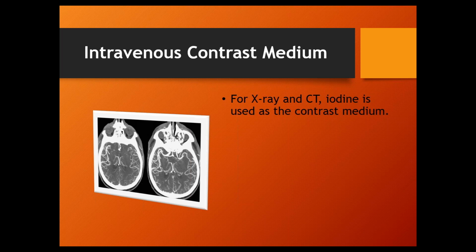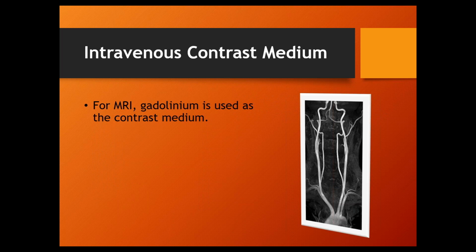Now for MRI, MRI does not produce images with radiation. So iodine does absolutely nothing to an MRI image. MRI is produced with RF pulses and a magnetic field working together. So for MRI procedures, they have to use a different kind of contrast fluid, and that's called gadolinium. Without getting into it, basically gadolinium weakens the RF pulses that are emanated from the patient during the actual procedure.